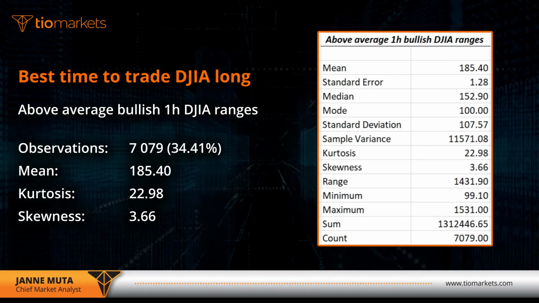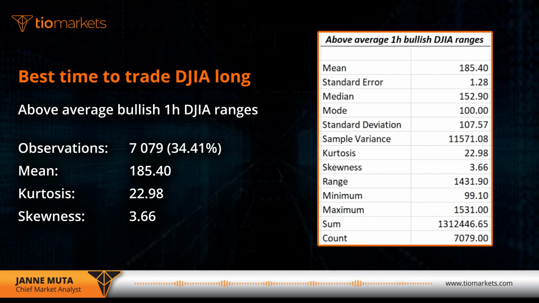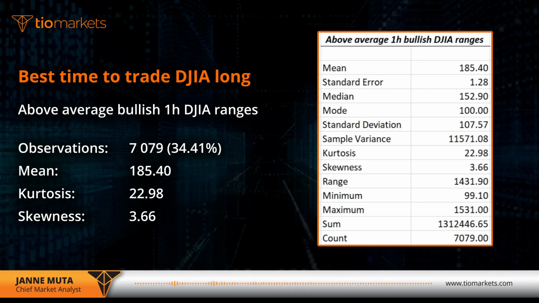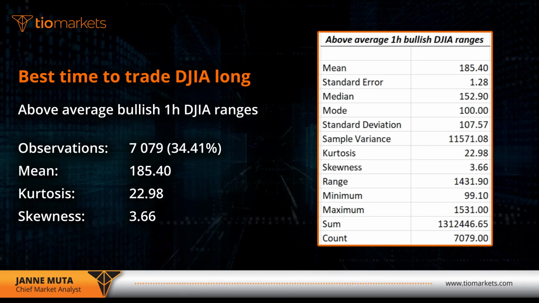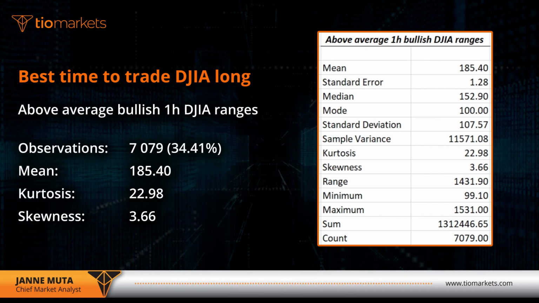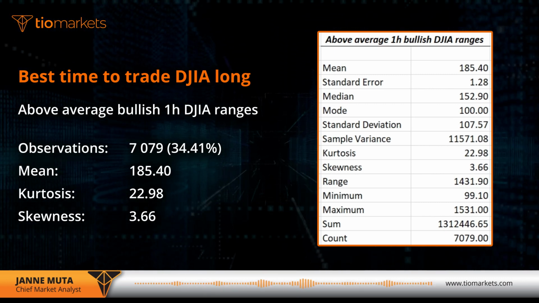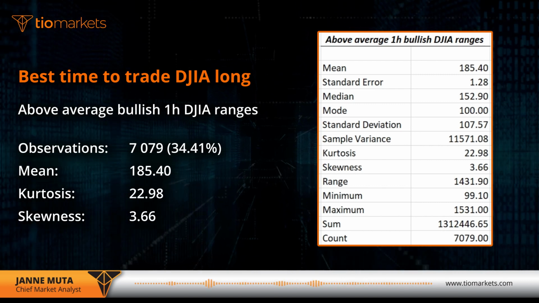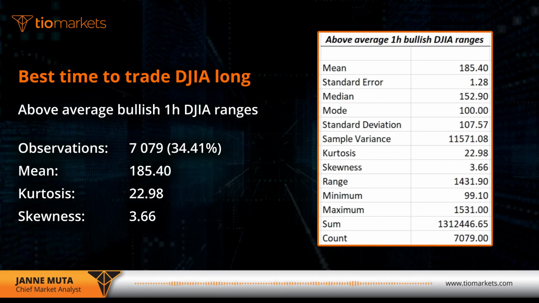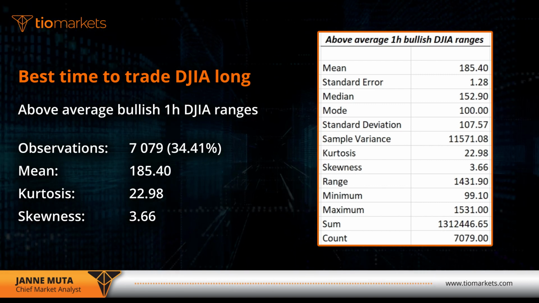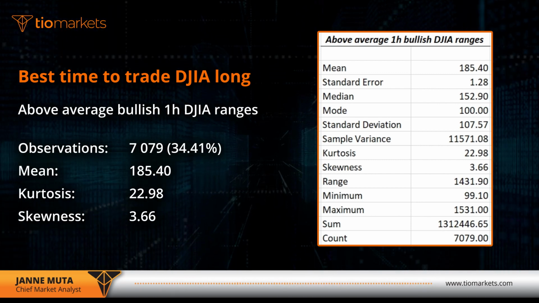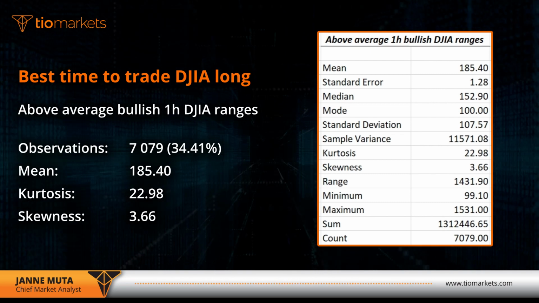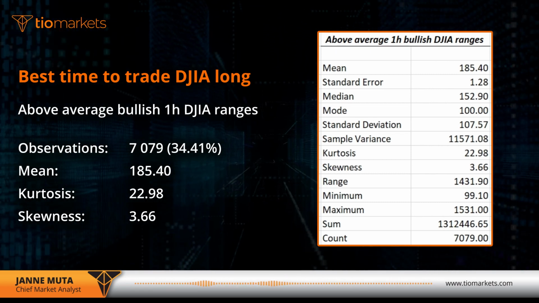Again, this is dragged higher by kurtosis and skewness. Sorry, the kurtosis and skewness numbers show that this is dragged higher by some outlier values. So we shouldn't expect all the values being as high as 185, but the mode is 100, so this looks good. And although the number of observations is much smaller here, 34% is still pretty good, I think.